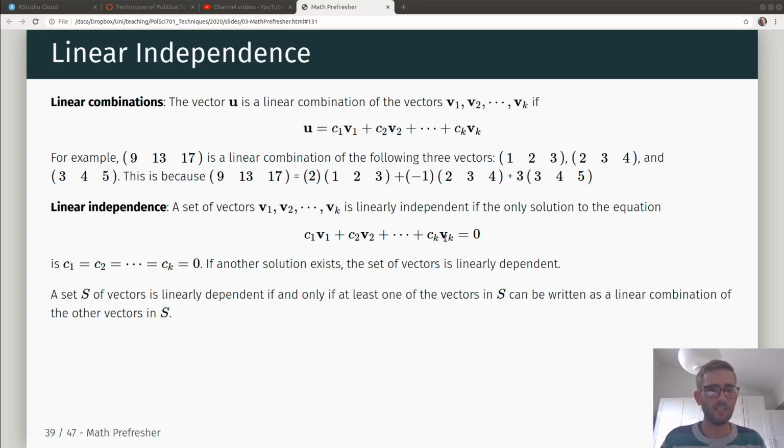In general, a set S of vectors is linearly dependent if and only if at least one of the vectors in S can be written as a linear combination of the other vectors in S. And this notion of linear independence, and to what extent one vector can be described as a combination of the other vectors, is really important when we talk about inverses of matrices.